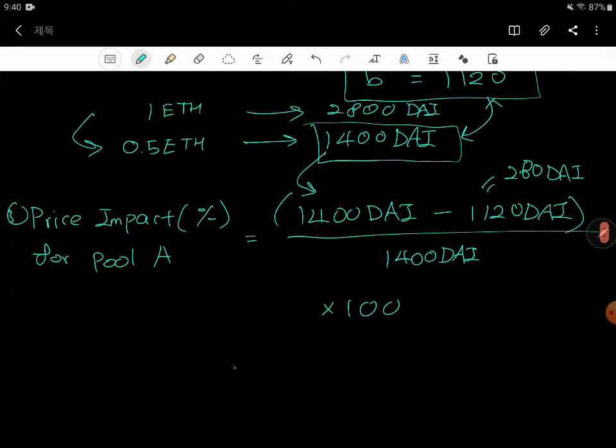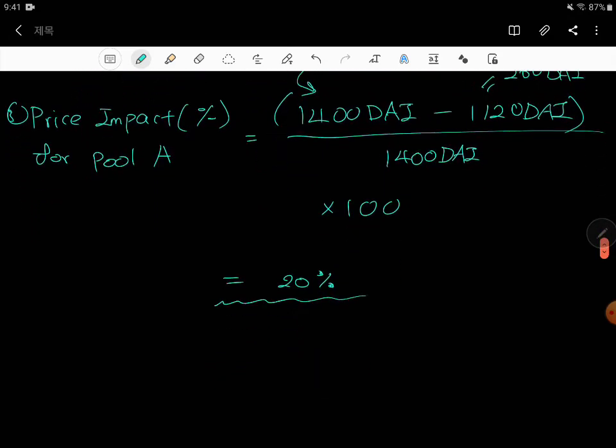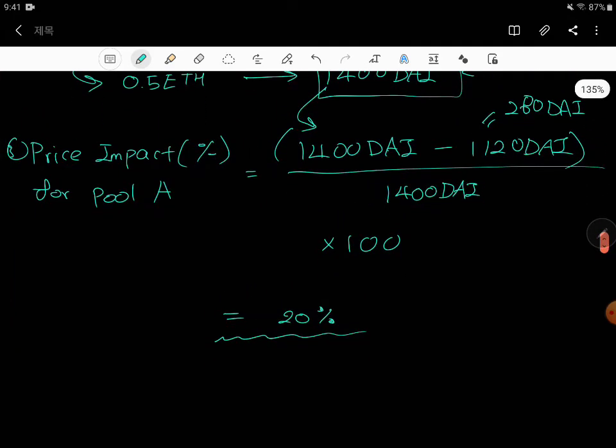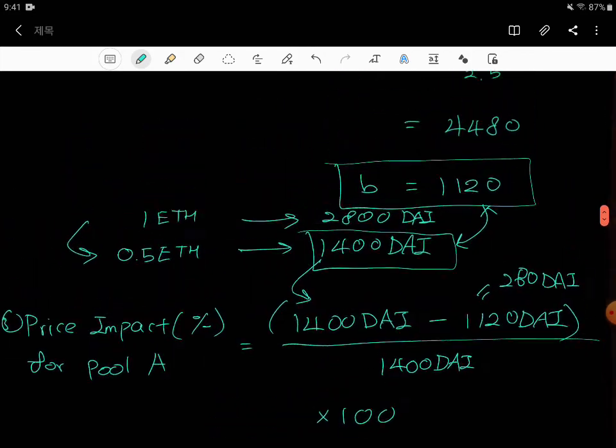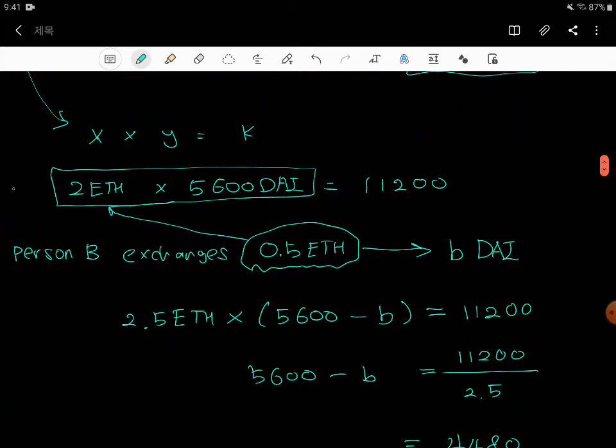Okay, so let me calculate this. So you have 20% of price impact, and you're losing 20% by swapping 0.5 ether to DAI in this pool A, right? This is pool A, right?